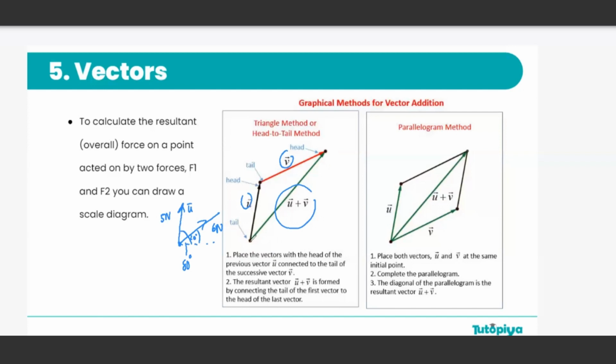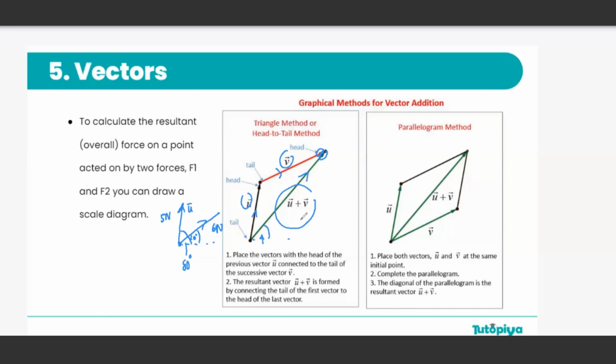If your original forces are in the clockwise direction, as in this case, the resultant force is going to be in the anti-clockwise direction. So the head of the resultant force has to meet the head of the previous force. And if you measure this angle, you can get the angle of the resultant force to the horizontal.